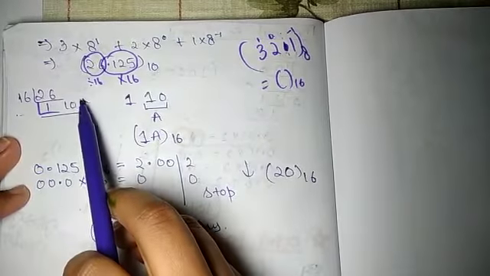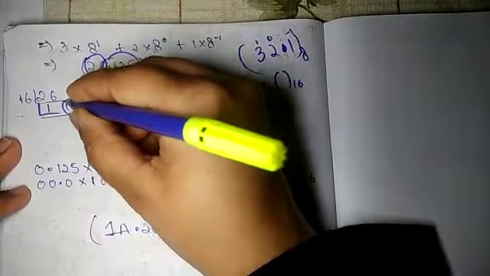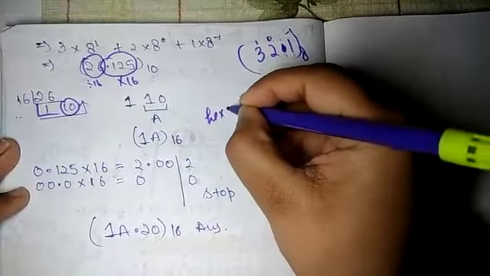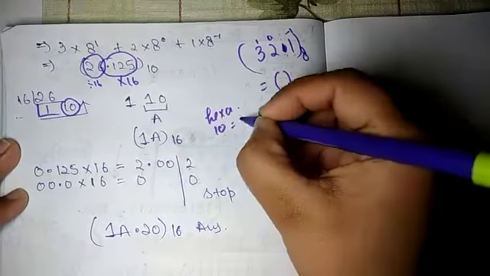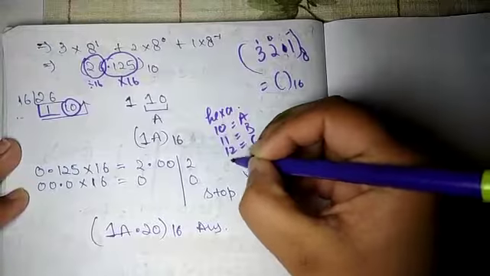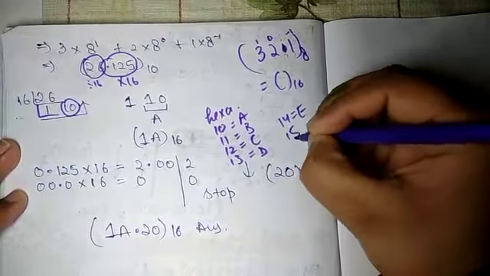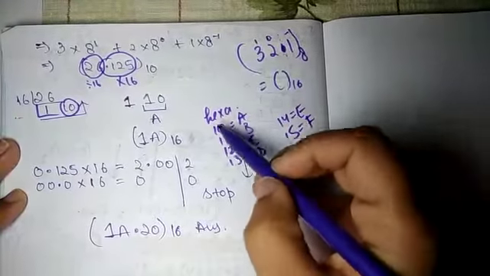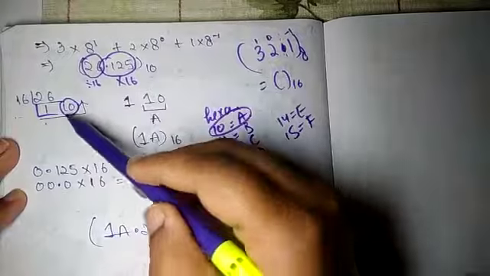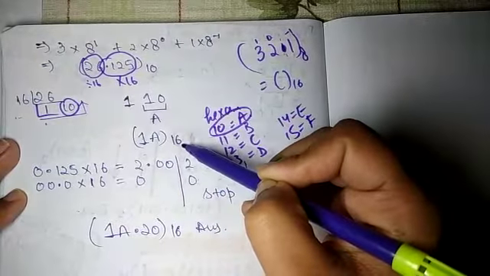From top to bottom will be our answer, 1 and 10. 10 is a separate answer over here, and we know in hexadecimal 10 is A, 11 is B, 12 is C, 13 is D, 14 is E, 15 is F. So 10 is represented by A. So 1A with a base of 16.